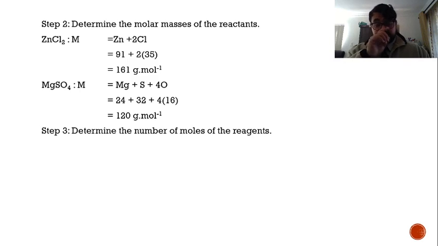So step 3, determine the number of moles. In stoichiometry, number of moles is the currency. Like how we have rands here, we won't accept dollars, pounds or euros. In stoichiometry, we won't accept anything else.